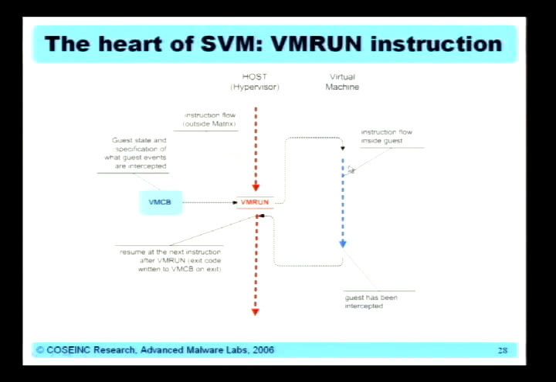The operating system here executes until a page fault exception occurs, for example, or a debug exception occurs, or somebody issues the SIDT instruction, whatever, and then we break into the hypervisor and continue execution from the next instruction after VMRUN, just like a generalized call instruction. From this point on, we call this the hypervisor and we call this the guest.